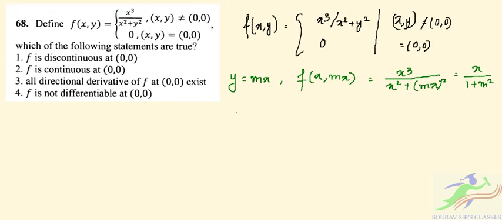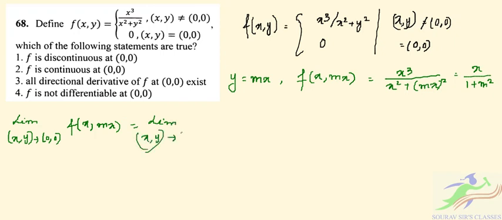Now if we put the limit on both sides, the limit as (x, y) tends to (0, 0) of f(x, mx), the limit will be x by 1 plus m squared, which is nothing but 0.